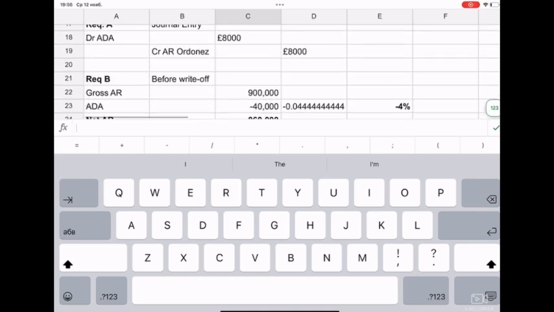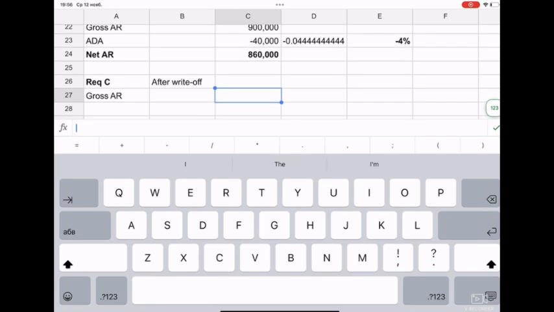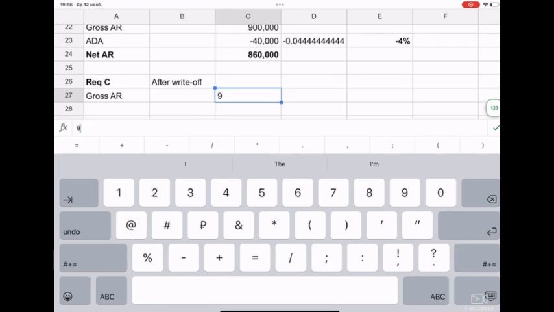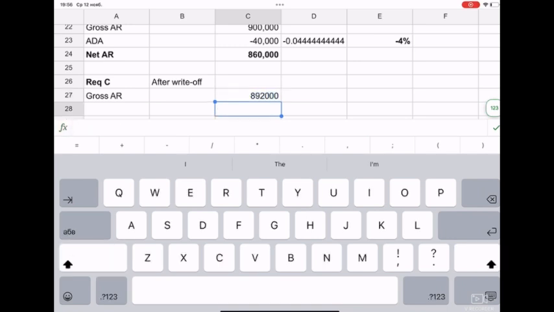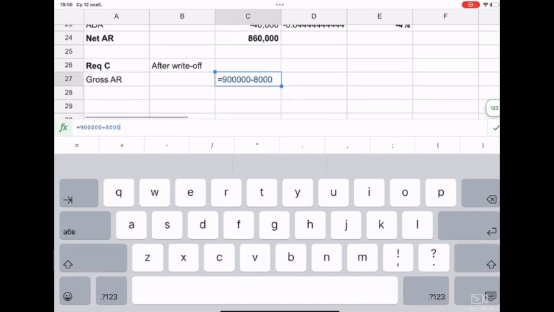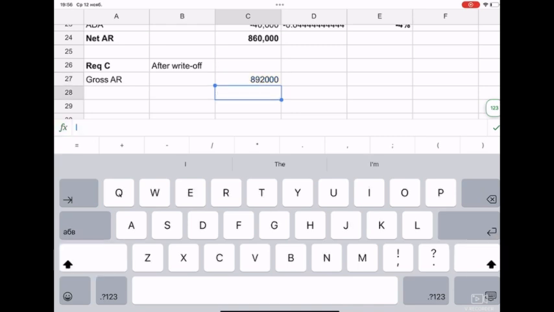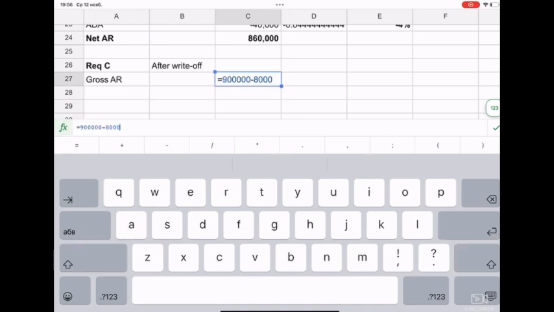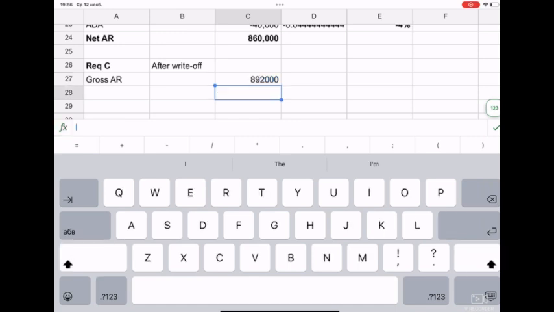So it will be 900,000 minus 8,000. So it is 892,000. Actually, there should have been the dollar sign or currency sign, but here I don't have it. But that's not a big deal.